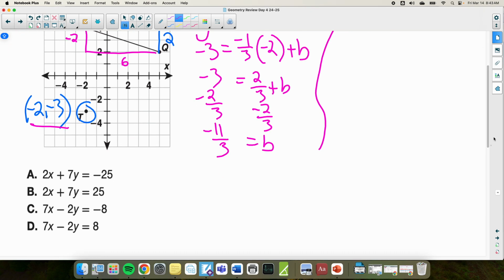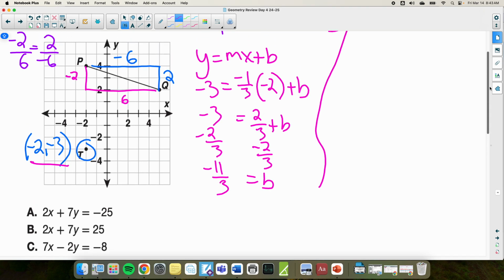Perfect, so those won't match up because this is different, but if we did want to put this in slope intercept form, alright, so our slope was maybe negative 1/3 x minus 11/3 was y.